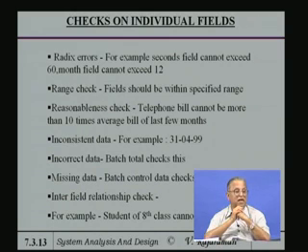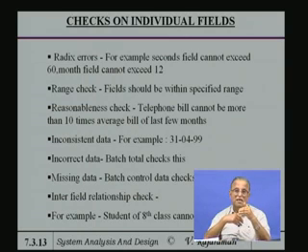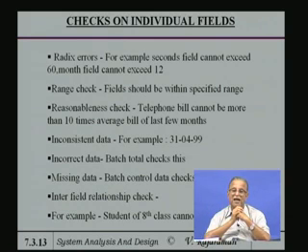Range check is fairly straightforward. Normally, if you are entering marks, the marks will range between 0 and 100, if 100 is the maximum marks in that particular subject. Marks cannot be negative and cannot be greater than 100. So if there is a proper range check, any incorrect entry of a number above 100 will be detected and thrown out.